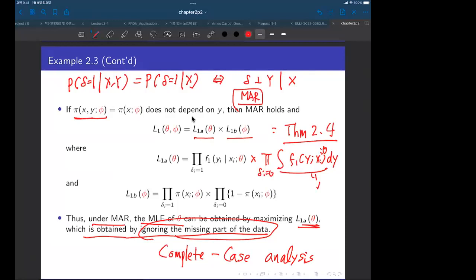Still, this is really good news and useful, because you don't have to make a very complicated modeling effort. As long as MAR holds, complete case analysis perfectly gives the best solution.